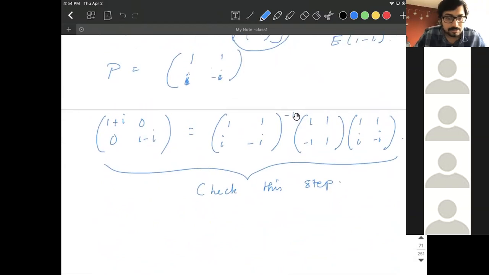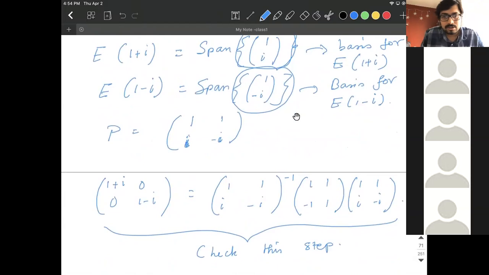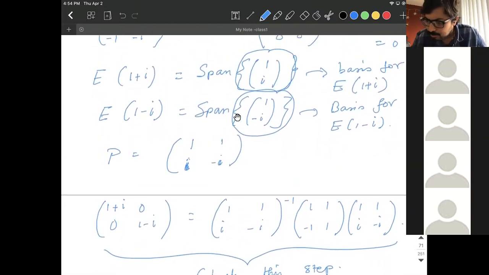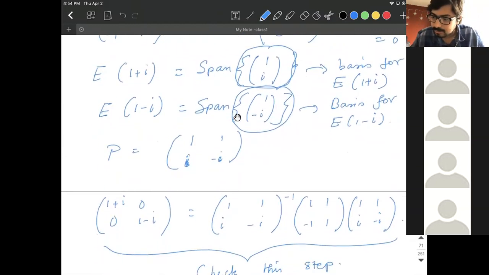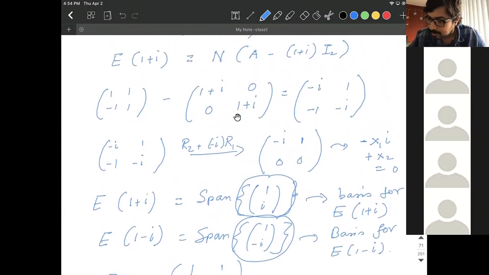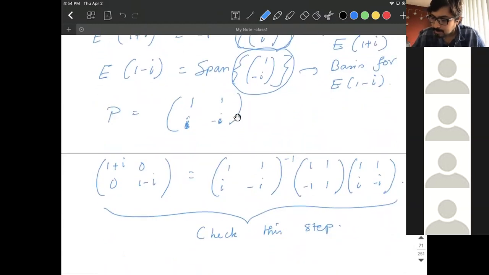So any questions up to this point? This final computation is not done in the lecture note. So this is what I did right now. So maybe there could be some computational mistakes. So check this particular step from finding these eigenspaces up to this multiplication here.